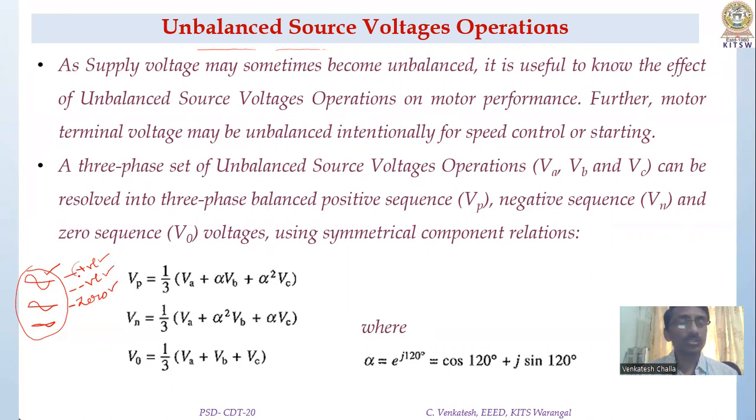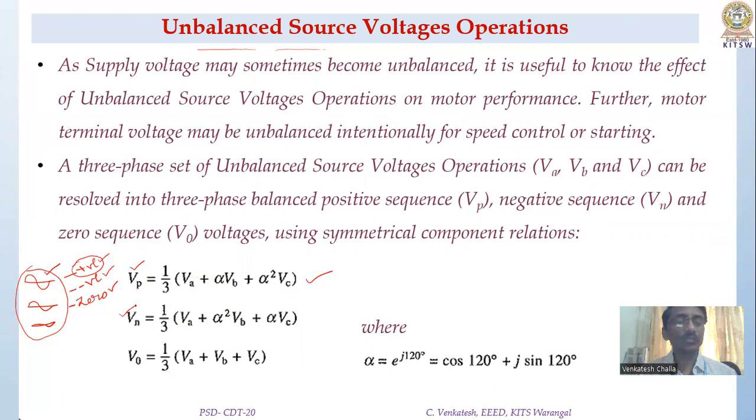In the positive sequence voltage, again there will be three voltages, one for A phase, second for B phase, and third for C phase. Therefore, the positive sequence phase voltage is given by Vp equal to 1 by 3 into Va plus alpha Vb plus alpha square Vc.